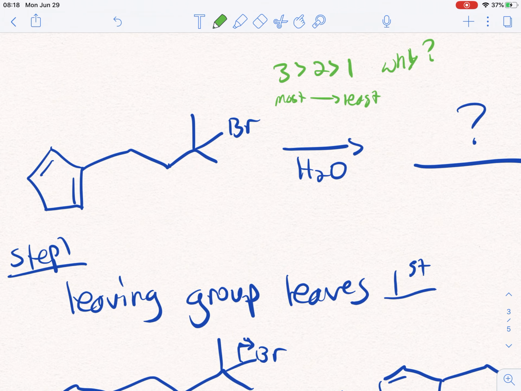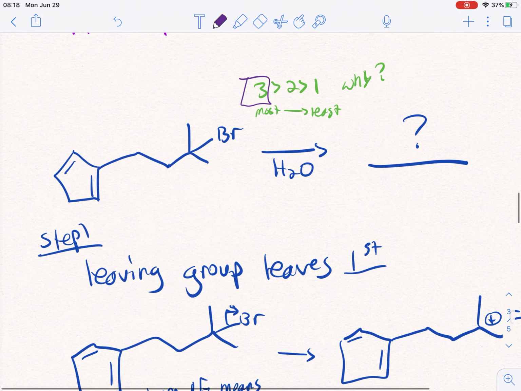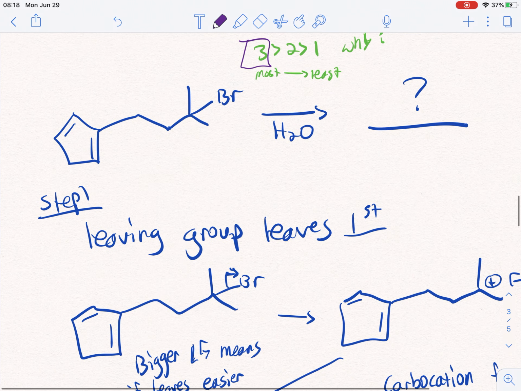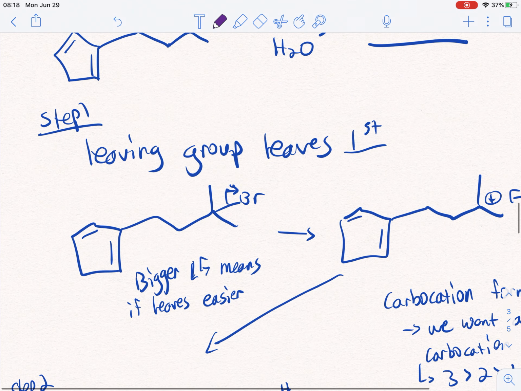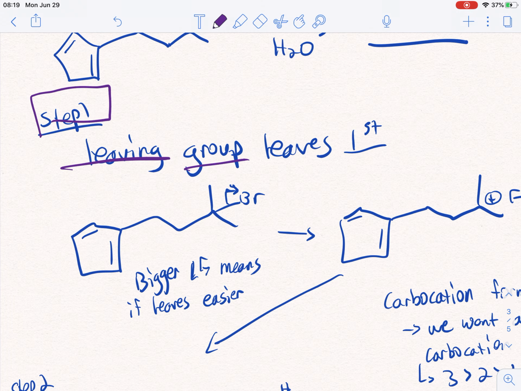SN1 wants a tertiary alkyl halide, or leaving group, sorry, but a tertiary alkyl halide usually, because the first step is not nucleophilic attack. The first step is actually this. The leaving group leaves first.